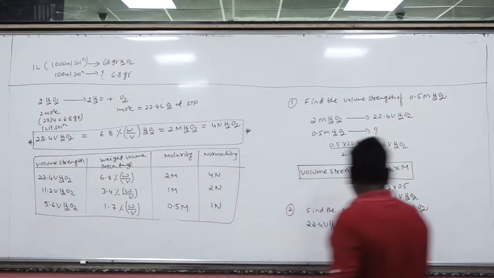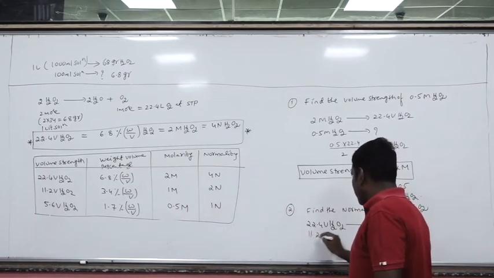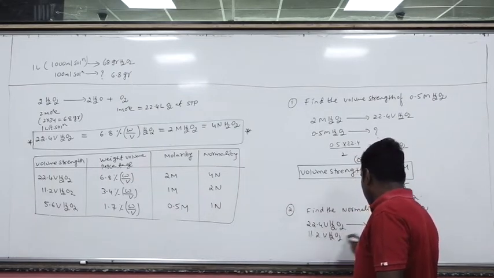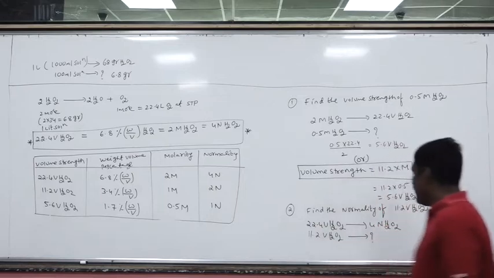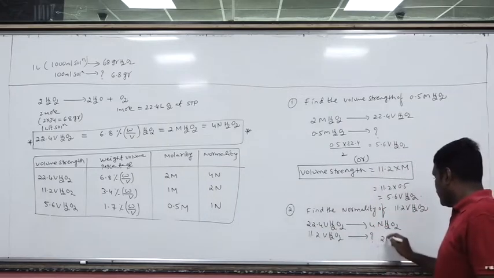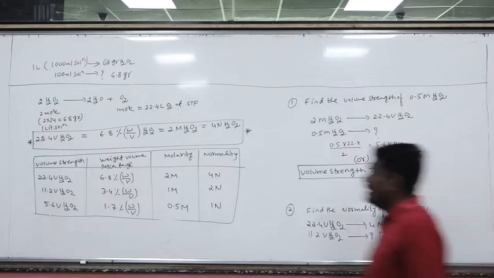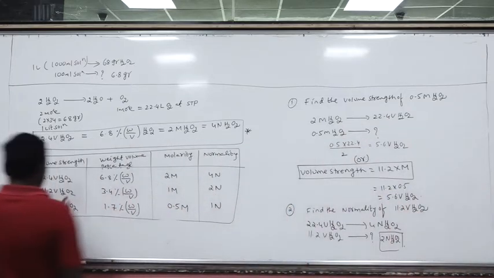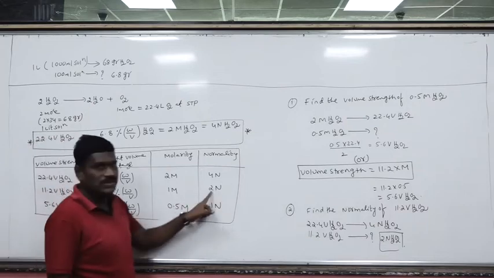Yes or no? Now, 11.2 volume strength of H2O2 will be how many normal solution? 2 normal solution. Here you see 11.2 volume strength of H2O2 corresponds to 2 normal H2O2.